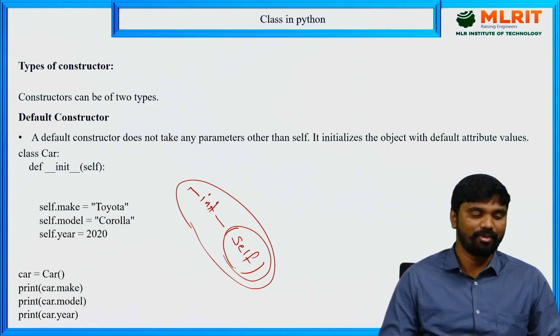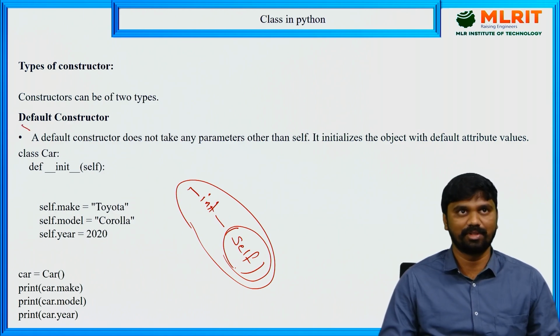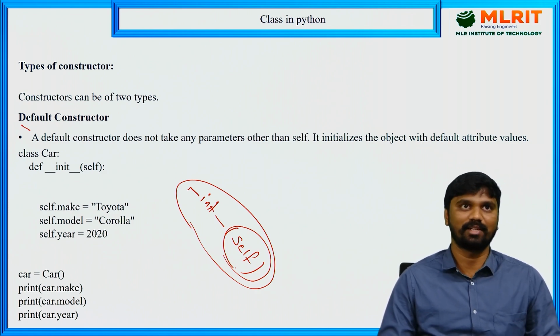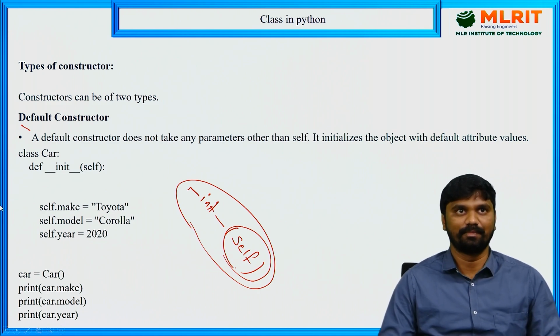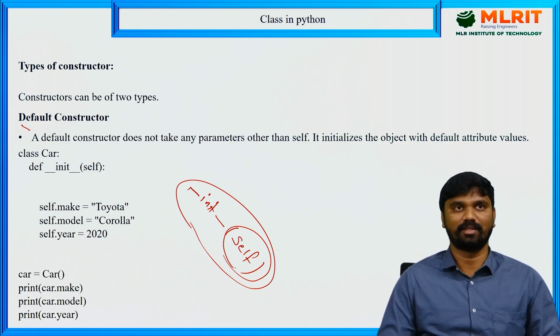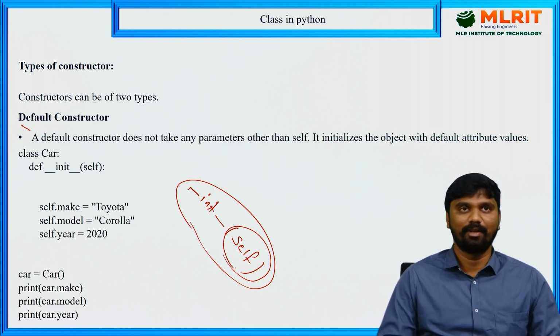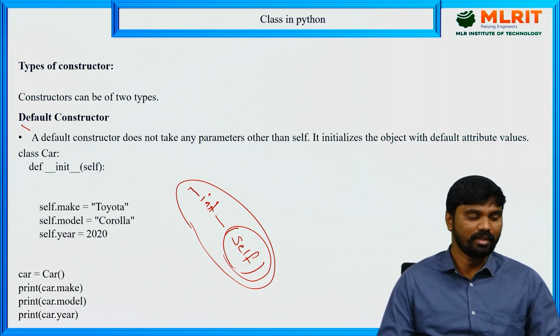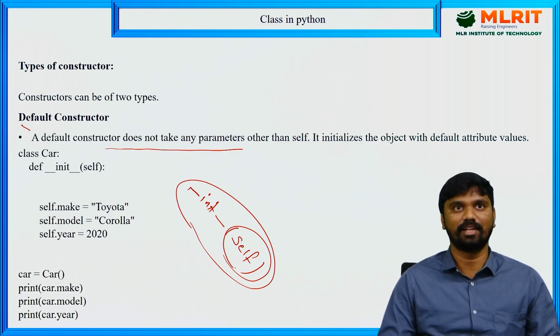Before going to know what the default constructor is, we will see when we use it. Whenever the programmer or the developer does not include a constructor in the Python class, the default constructor will be included by the Python virtual machine. A default constructor does not take any parameters other than the self parameter.